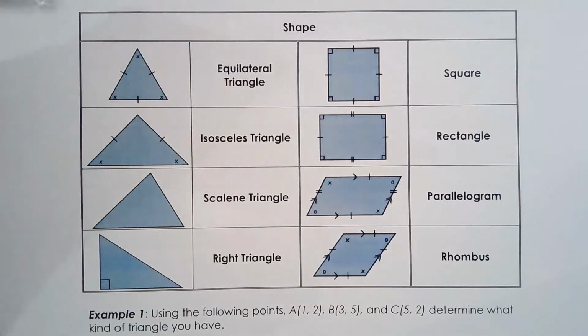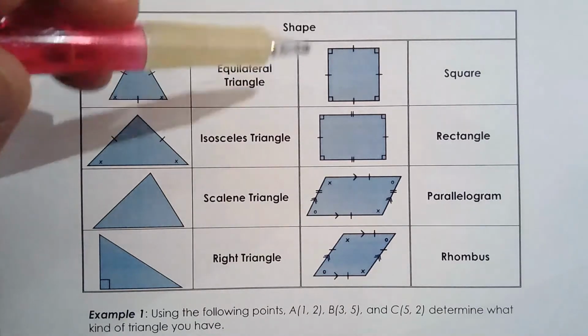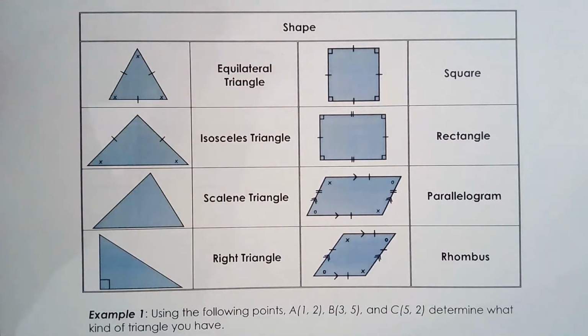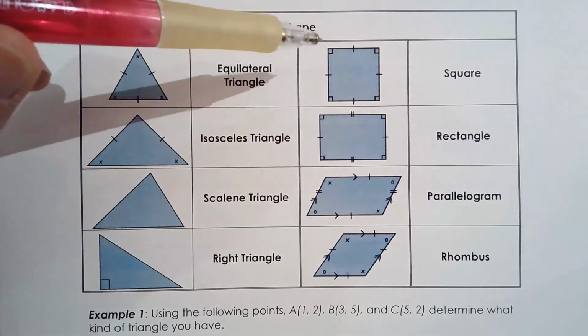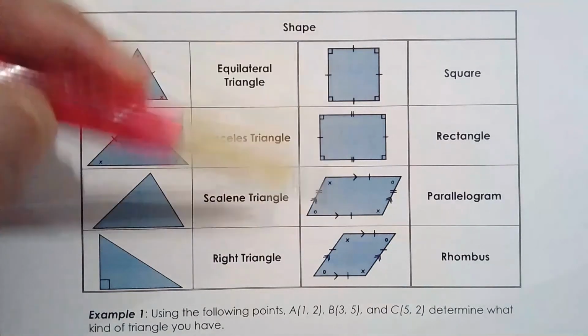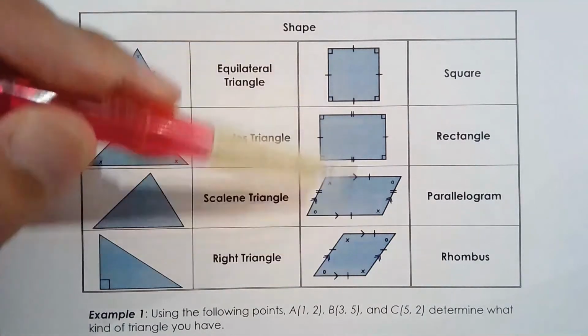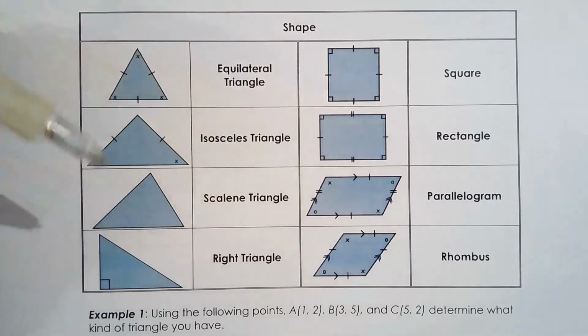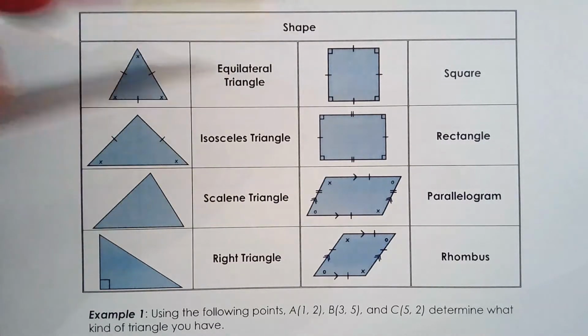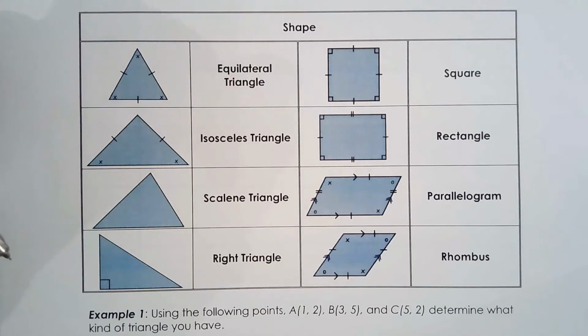So classifying triangles is actually pretty straightforward, but I'd argue classifying quadrilaterals is a little more challenging. There are quite a few more quadrilaterals we haven't written down here on this piece of paper. For example, there are kites, there are trapezoids.